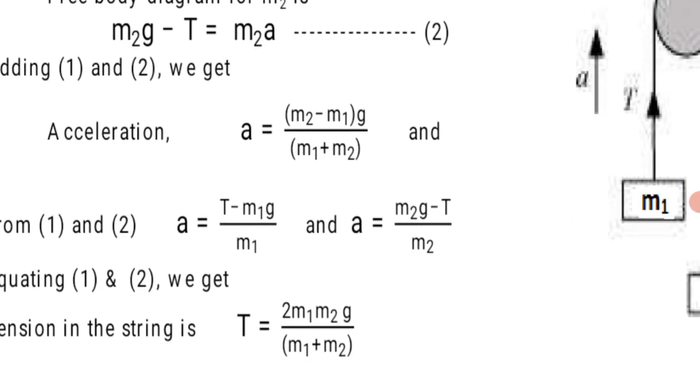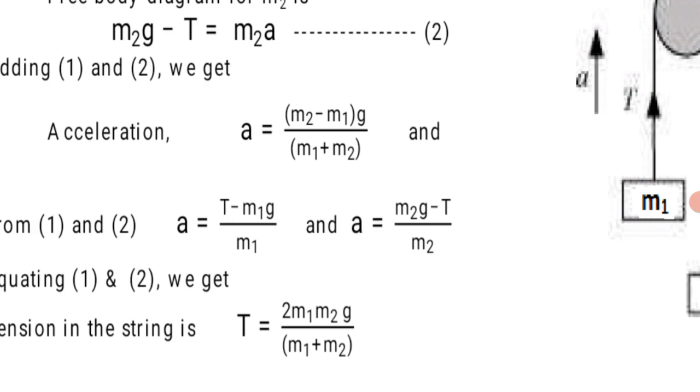By equating these two, because both are acceleration only, m2T minus m1 m2 g equals m1 m2 g minus m1T.